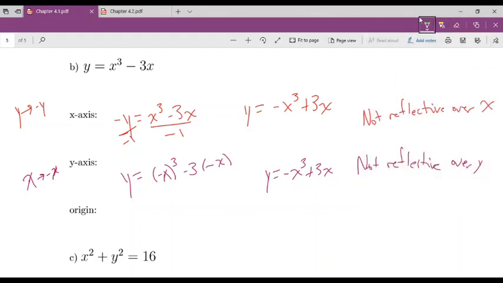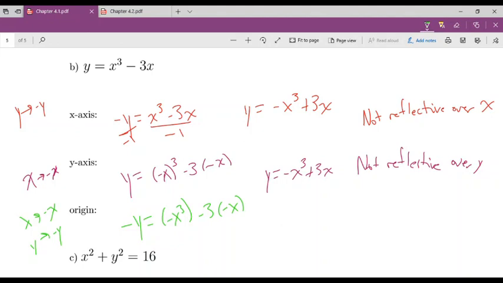Now let's check the origin. The origin you do both. So you replace x with negative x, replace y with negative y. Let's see how well that's going to work out for us. So we've got negative y equals negative x to the third minus 3 times negative x.